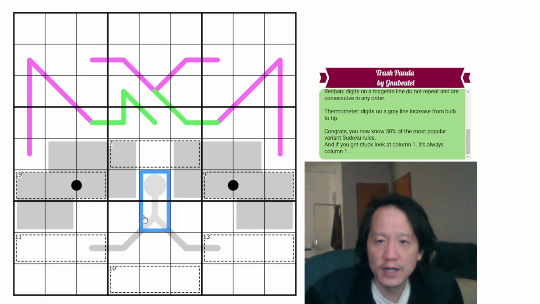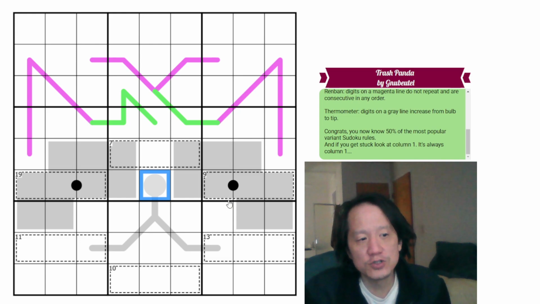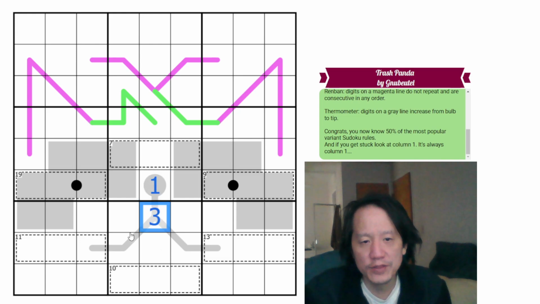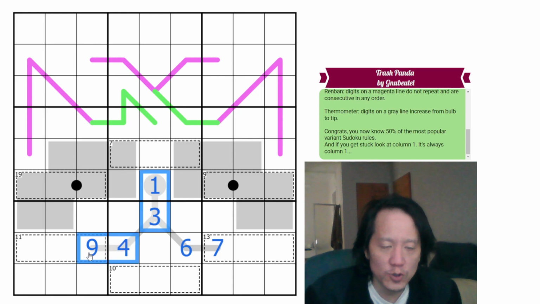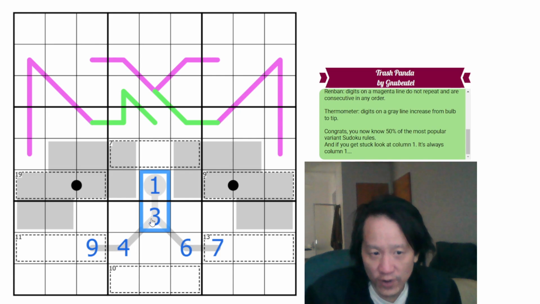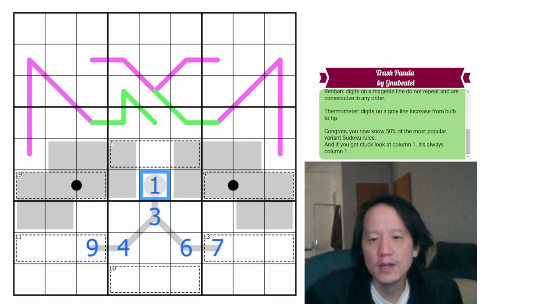Digits on a gray line increase from bulb to tip. So this is constantly increasing from here to here and from here to here. A potential valid example would be 1, 3, 4, 6, 7, and this is 9, right? Because it has to be increasing from bulb to tip, but you don't have any interaction between this tip and that tip. It's just from the bulb to the tip. And that's an example of thermometer.